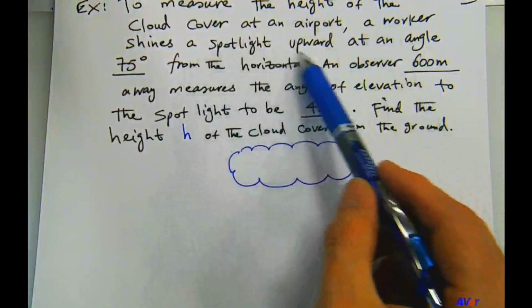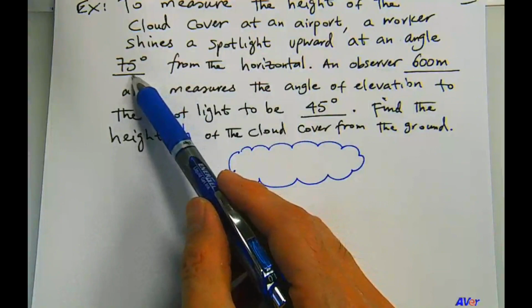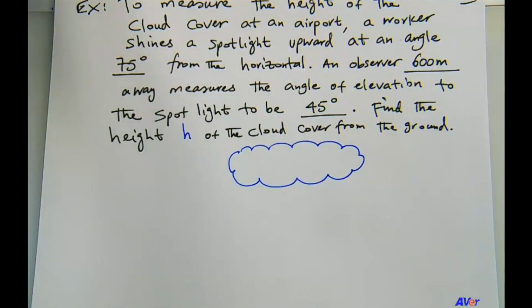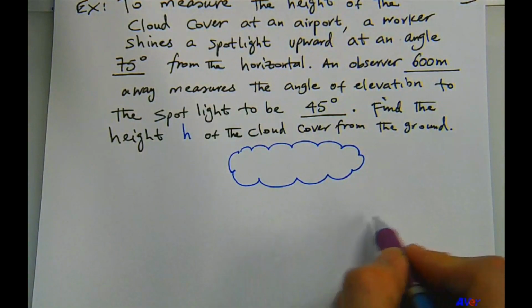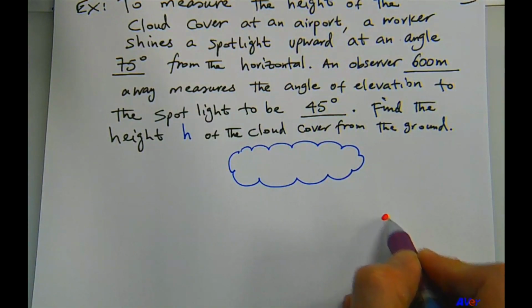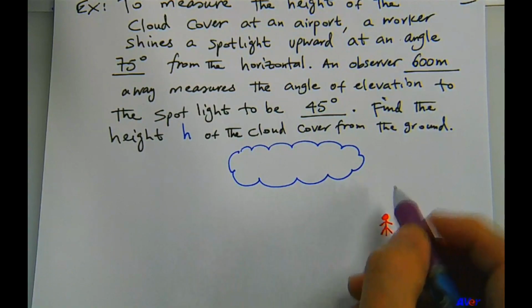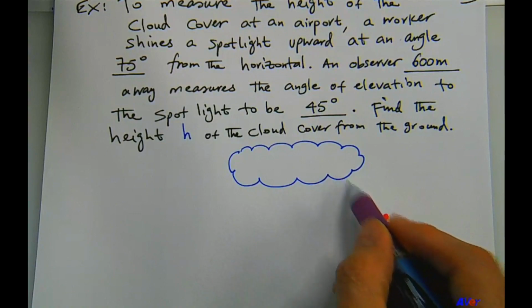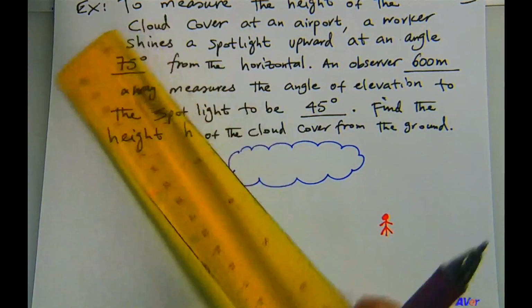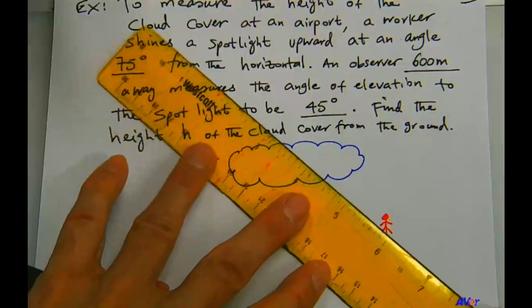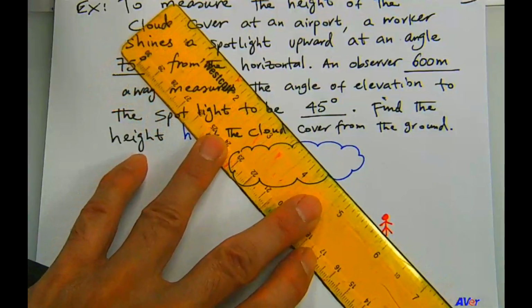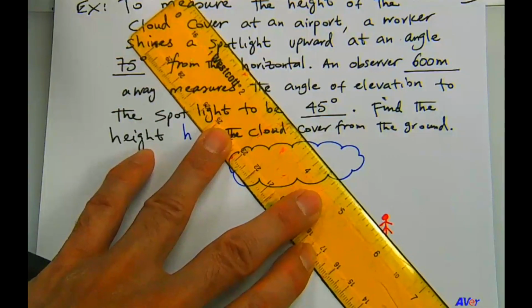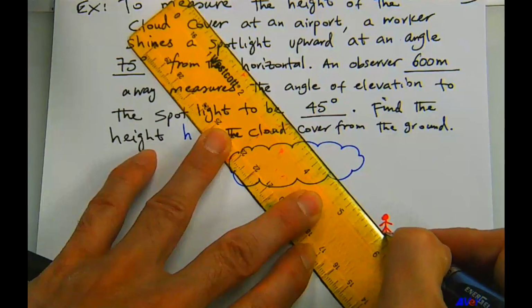A worker shines a spotlight upward at an angle of 75 degrees to us. So we have some worker here standing, right? Like that. And this worker is shining a ray of light or spotlight onto this cloud cover at a 75 degree angle.